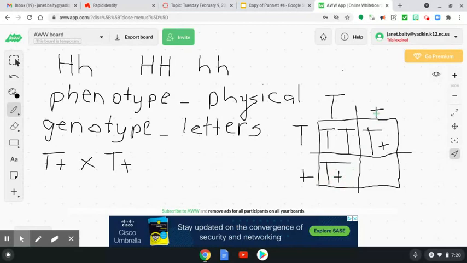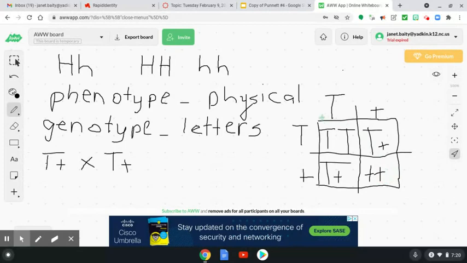The second one on top and the second one on the side go in this box, and that's two recessives.